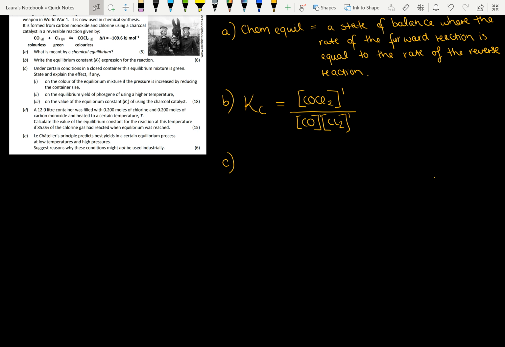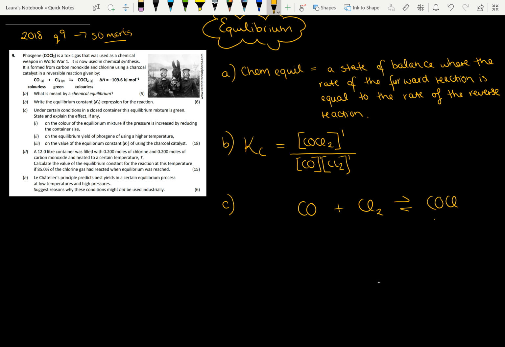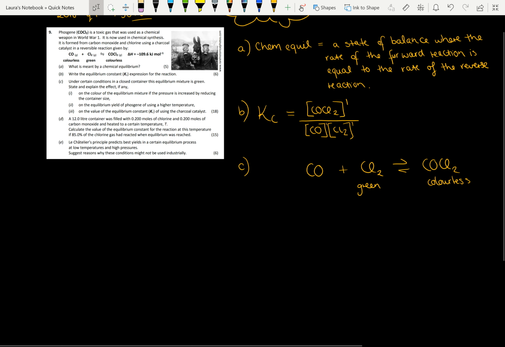So we're told that under certain conditions in a closed container, the equilibrium mixture is green. So what I'm actually going to do is write this out here nice and big so that we can talk about it. So we've got CO, Cl2, COCl2. We know that this is green, and we know that this is colorless. Okay.